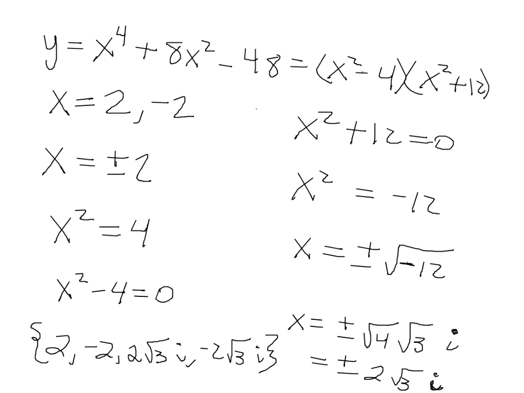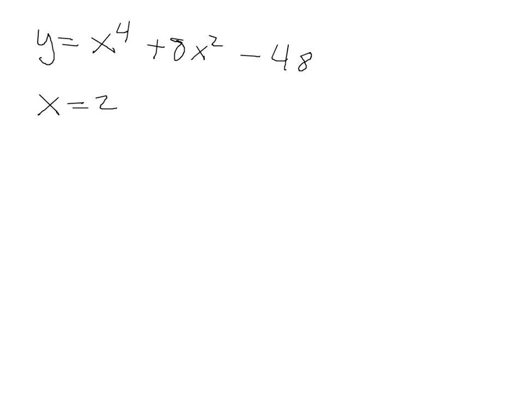Okay, and I want to do this one more way. So we have y equals x to the 4th plus 8x squared minus 48, and we found that 2 was a 0 and minus 2 was a 0. So I have factors of x plus 2 and x minus 2.